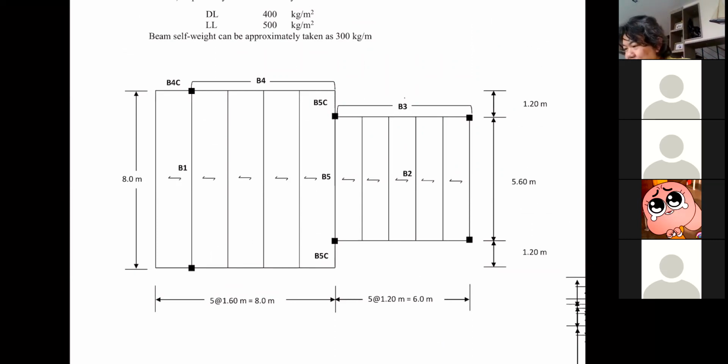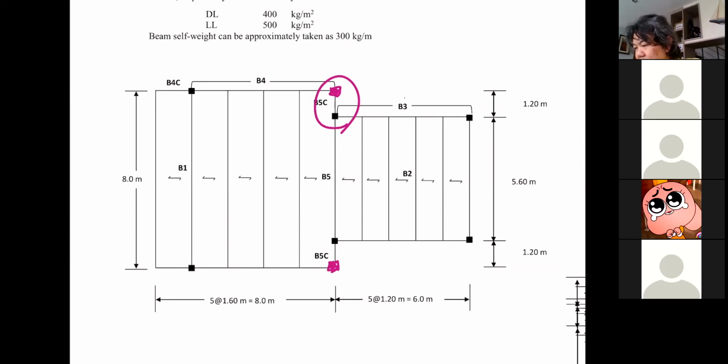You want a simple structure. You would say, hey, can I have the columns here? Even engineers can't stand that. If you add more columns just to simplify your structure, this is a waste of money because you're going to have the two foundations close to each other. We don't do that.